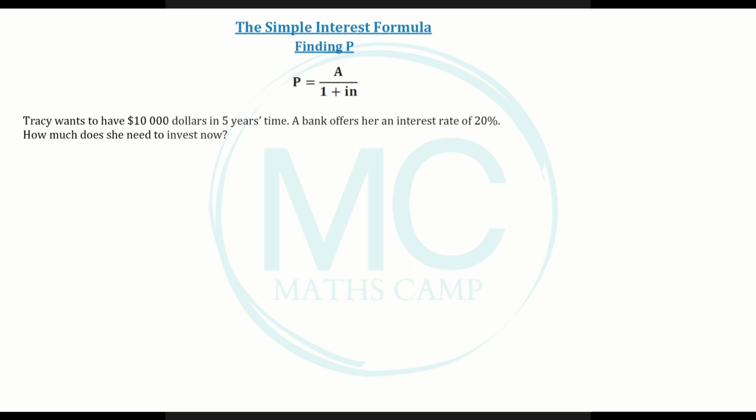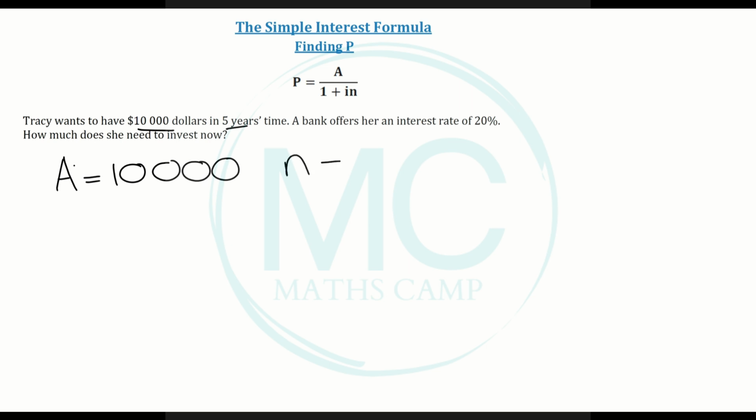Let's find our A, I, and N values. Tracy wants to have $10,000 at the end of the investment. It is the accumulated amount. So we can say A is equal to 10,000. She wants to invest for 5 years. It's the duration of the investment.